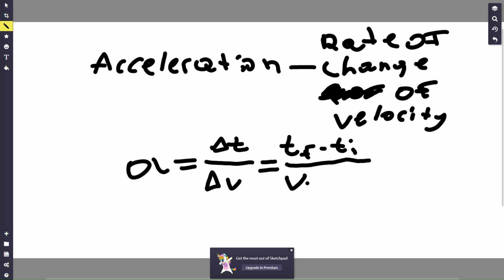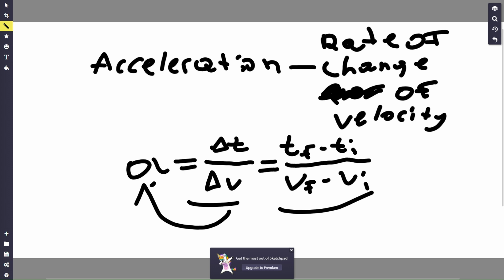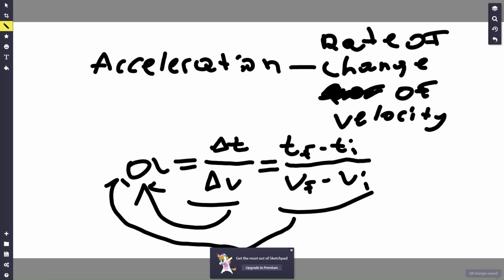Just in case you don't know, this is the final time minus the initial time, which gets you delta t, the change in time, and vf, the final velocity, subtracted by the initial velocity, gets you delta v. So these two equations can both help you get acceleration.